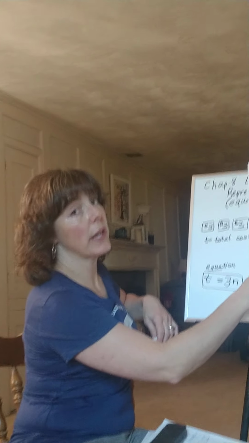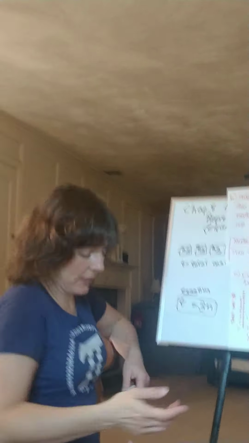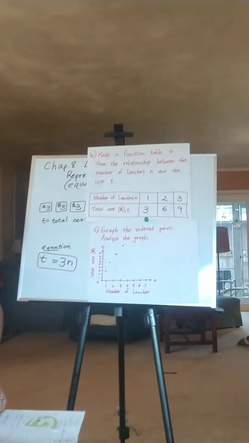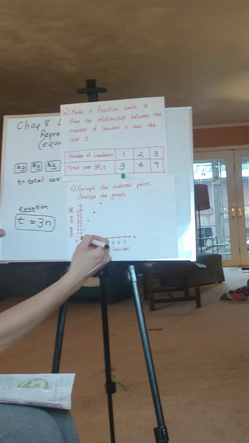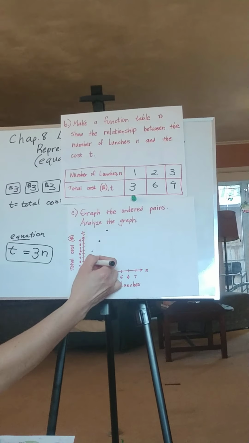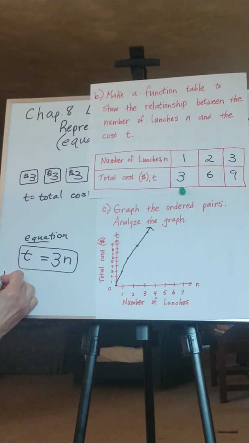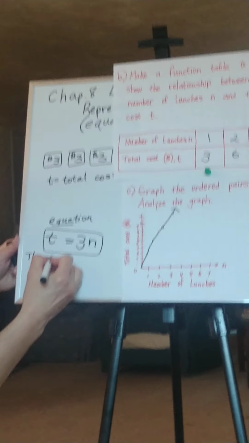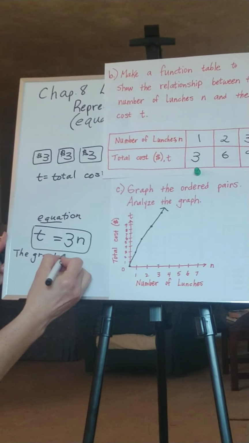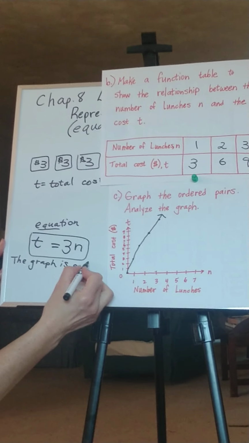Now we need to analyze the graph, which means write a sentence about it. Well, what's our graph doing? If we connect the points, okay, so we know that the graph is a line. That's pretty easy to tell.